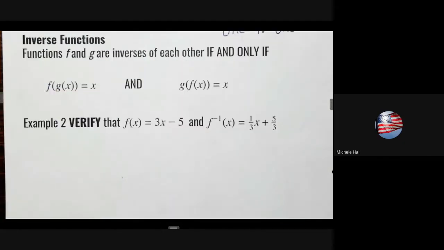Inverse functions: f and g are inverses of each other if and only if when I do the composition f of g of x, I get the answer x, and when I do the composition g of f of x, I get the answer x. Now this should make sense, that I'm getting x for an answer when I do either composition.